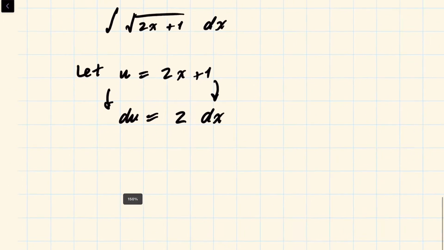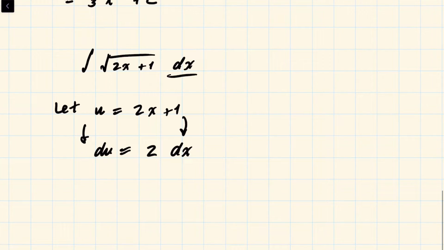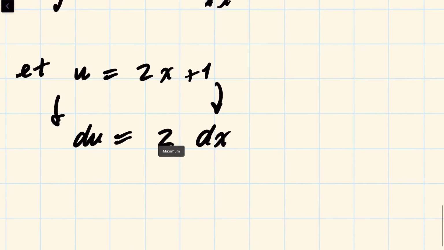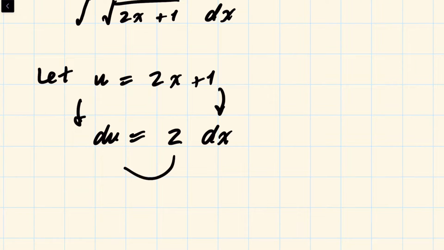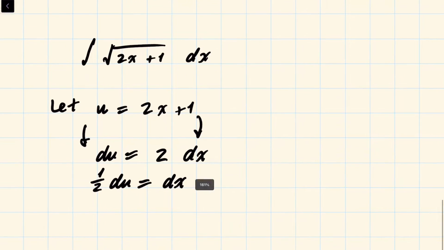And so now we can say that our dx here is equal to half of du if we divide both sides by 2. So we can say now half of du equals dx. Multiply both sides by 2 to get back. So you're going to want to isolate for dx, essentially.